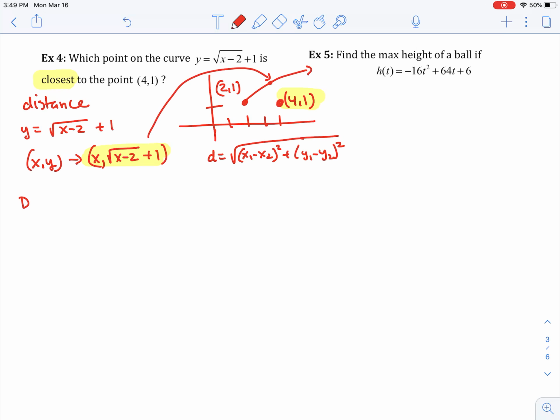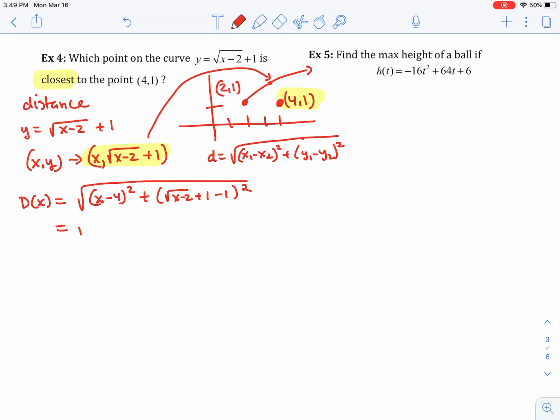So if we set up our distance equation, distance is equal to the square root of the difference of our x's squared plus the difference of our y values, so the square root of x minus 2 plus 1 minus 1 quantity squared.